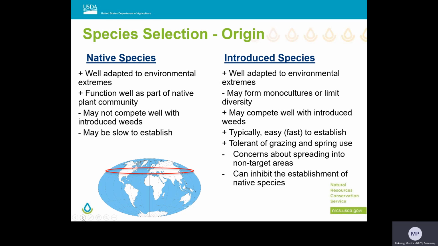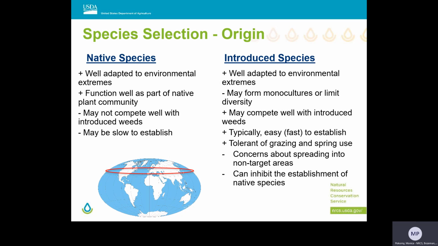An introduced species is a plant that has been, with the help of humans, intentionally introduced to a new region, and it's been selected to be brought to a similar climatic zone, usually within the same northern hemisphere latitude, and it's been selected for certain qualities that that plant has, like its biomass production or its nutritional value.